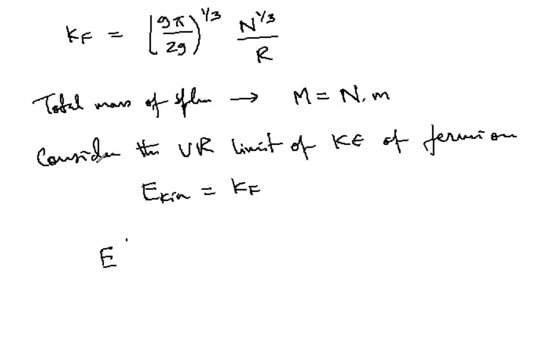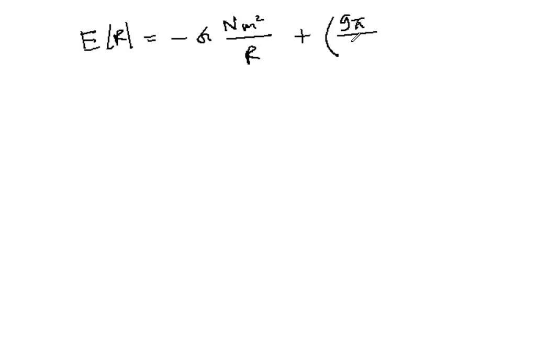Let me write it on another page. The total energy Er is equal to minus G N m square divided by R plus 9 pi divided by 2g, whole to the power 1 by 3, N to the power 1 by 3, divided by r. Now, remember this term scales as 1 by r, and this term also scales as 1 by r.